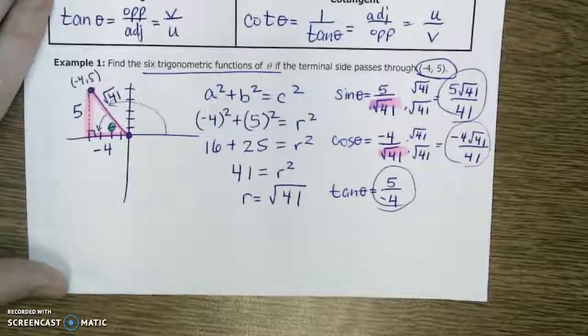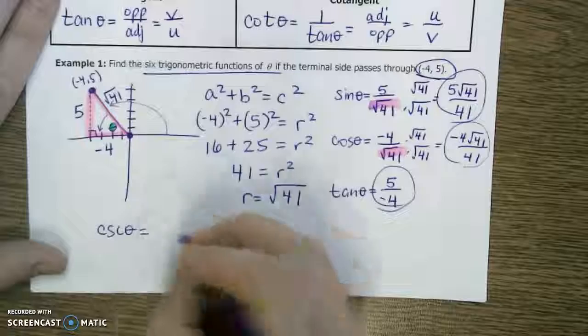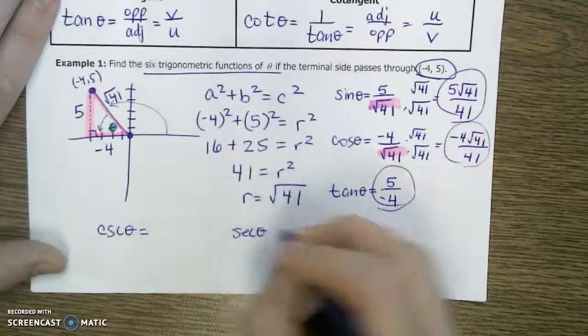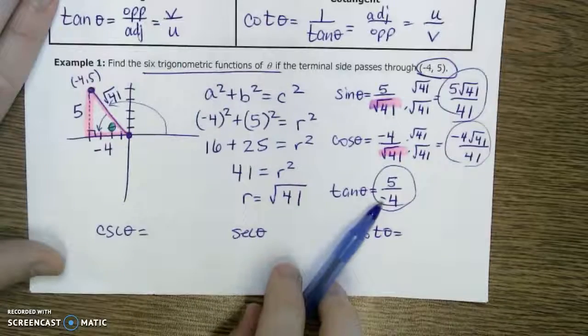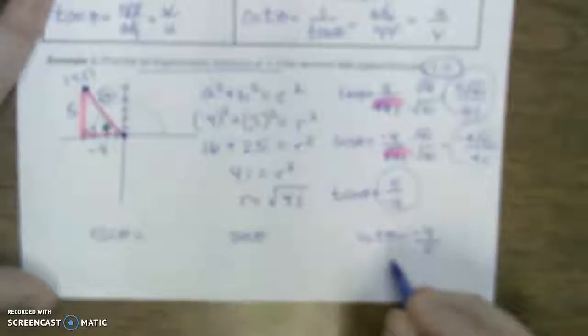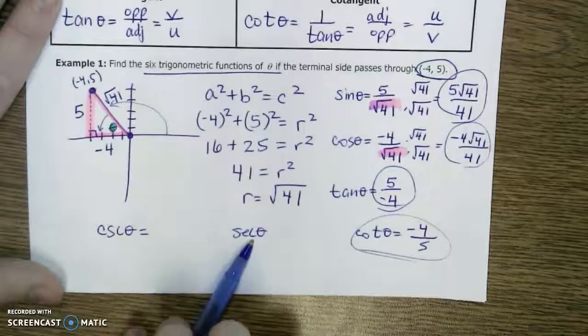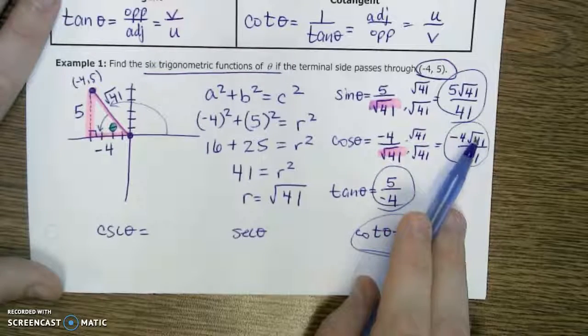Now they want all 6. So now we're going to find cosecant, secant, cotangent. Cotangent, it's easy, just flip tangent upside down. So negative 4 over 5. Secant, you flip cosine. Now, I don't want to flip the final answer for cosine because that just puts the radical on the bottom.